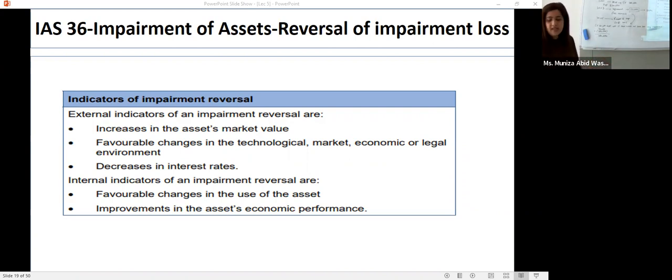So external indicators of an impairment reversal are an increase in the asset's market value, favorable changes in the technological, market, economic, or legal environment, and decreases in interest rates. And internal indicators of an impairment reversal are favorable changes in the use of the asset and improvements in the asset's economic performance. So these are just opposite to the indicators of the impairment.